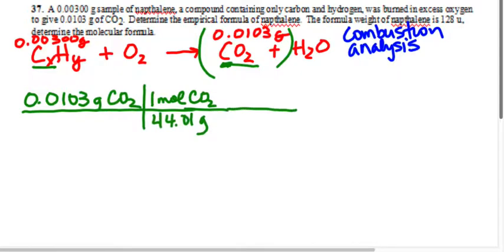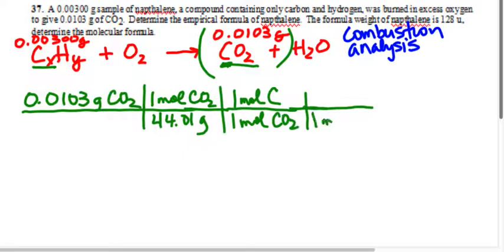Okay, again, I want to get to grams of carbon. Now where do I go? For every 1 mole of CO2, I have 1 mole of carbon. And now, for every mole of carbon, 12.01 grams of carbon. All right, don't be afraid of the sig figs here. How many grams of carbon do I have in this equation?